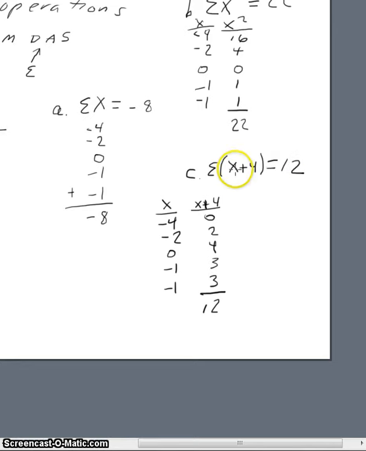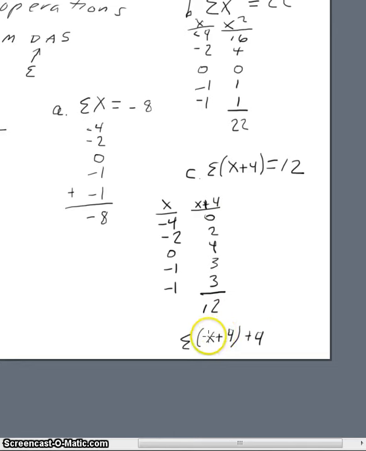Keep in mind, the only thing that we didn't get to look at in the case of this problem is if we had some sort of addition or subtraction beyond the summation symbol. This addition happened within parentheses, but if, for example, I had something like the sum of x plus 4, plus 4, we would do all of this first.